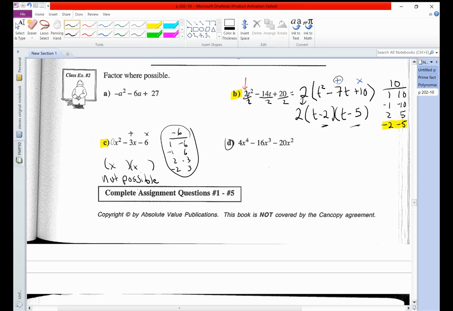Okay, so in D we have 4x to the power of 4 minus 16x cubed minus 20x squared. And we know when we are solving these trinomials, we want to have it in the form x squared plus bx plus c. So 2 things. We want to have no coefficient on the x squared term, and the highest degree we want is x squared.